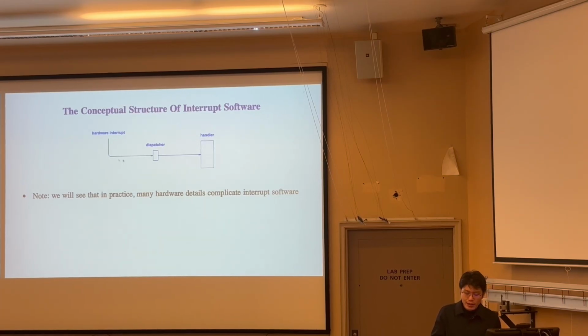The hardware interrupt goes to this dispatcher, and in this dispatcher, it's going to execute some functionalities common to all interrupt handlers, like storing the current execution context, setting up the function call stack, and then calling the interrupt handler.